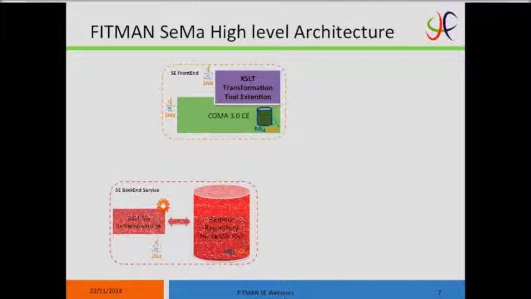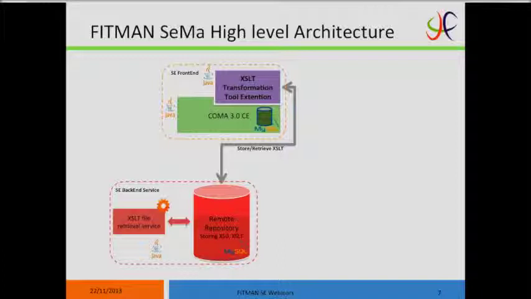Then we have a backend service, which is a remote repository that we have implemented based on a MySQL database, where we store the different transformations. There is also a service attached to this repository for sharing the different XSLT files with collaborators.